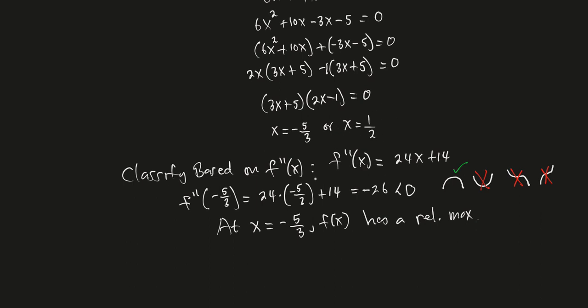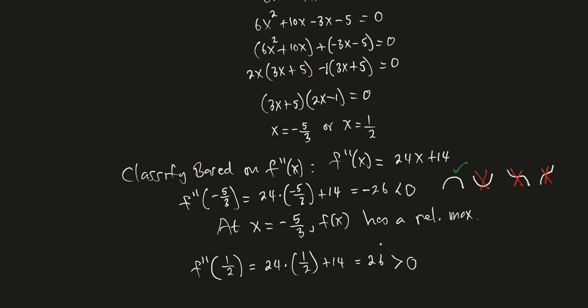Well, let's do the same for the other critical value and see what happens there. Let's take our second derivative and evaluate it at 1/2. And I think you can see that we're going to end up with something positive, right? If you look at the operations involved, we have 24 times a positive number, so that's something positive, plus another positive number, so it's something positive. If you want to write down the actual number, it is 1/2 of 24, that's 12, plus 14, that's 26. So we get something positive.